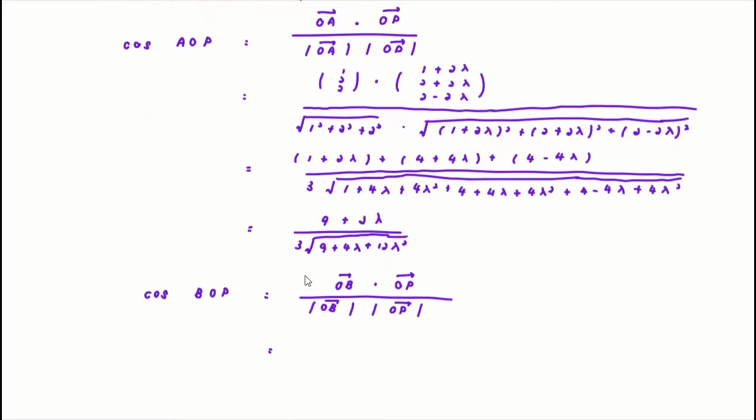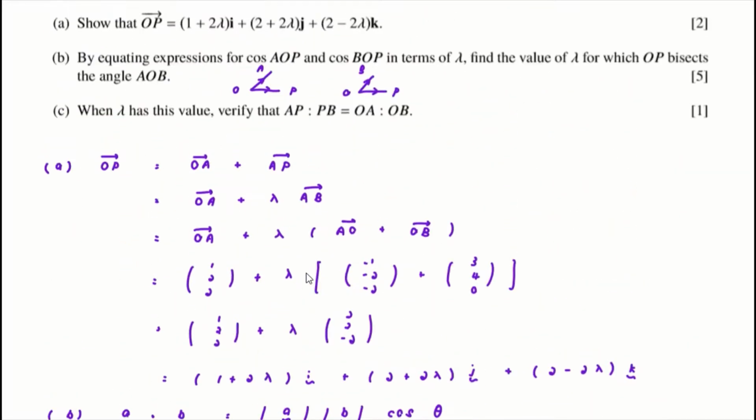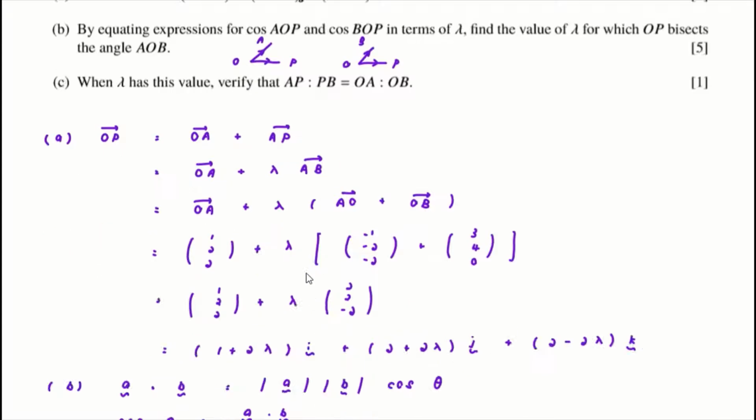For OB, it is (3, 4, 0). The OP here is still the same: (1 plus 2 lambda, 2 plus 2 lambda, 2 minus 2 lambda).